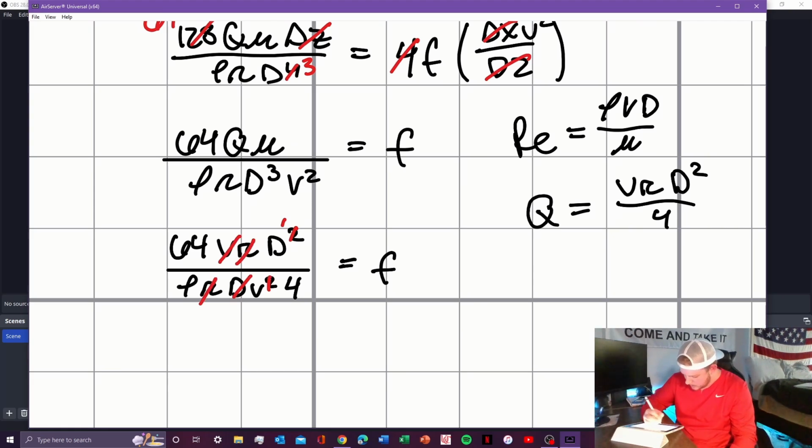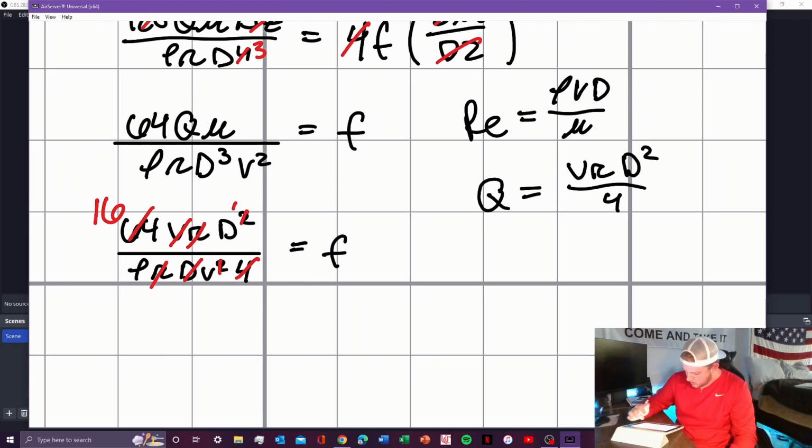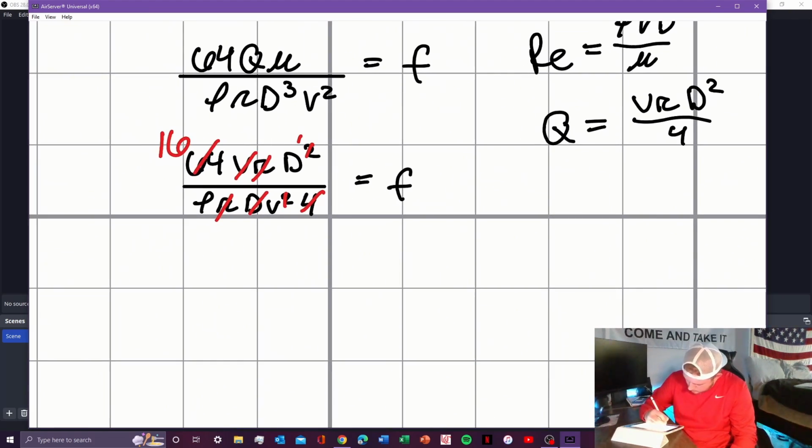This cancels. 64 divided by 4 is 16, which leaves us with 16 d mu over, I messed this up again.